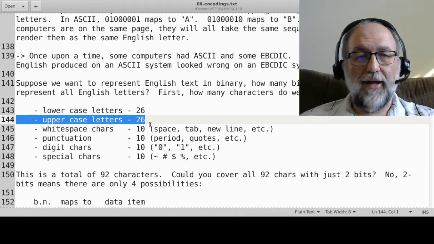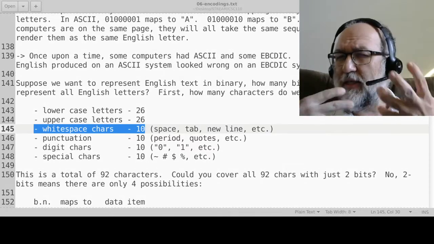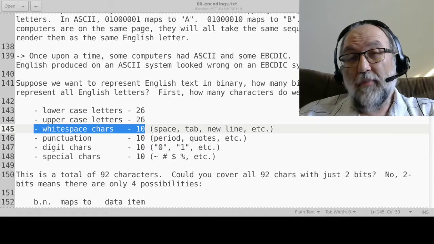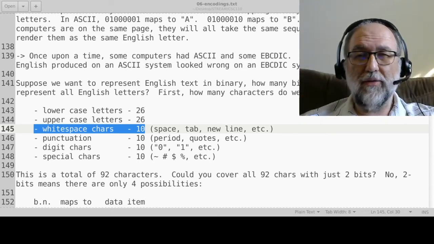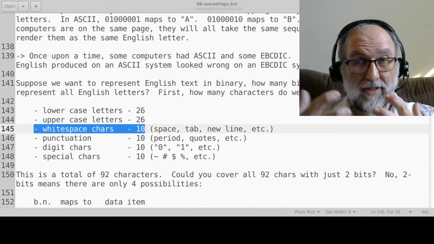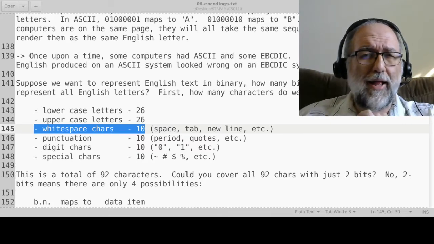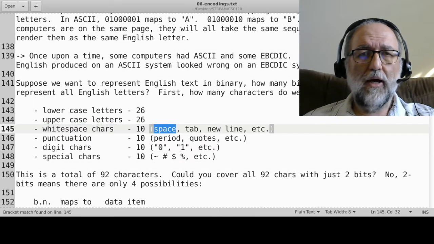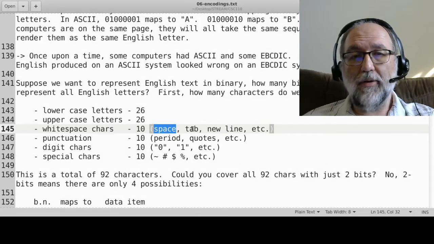Well, that's still not good enough because when we write English, we have to put spaces between words. Some ancient writing systems just stuck the words right up against one another. I don't know how they read that, but that's the way they did it. But in English, you need what are called white spaces, which just means spaces between things. The space key on your keyboard is one of these, but so is the tab.